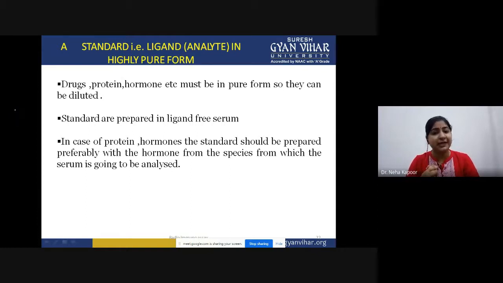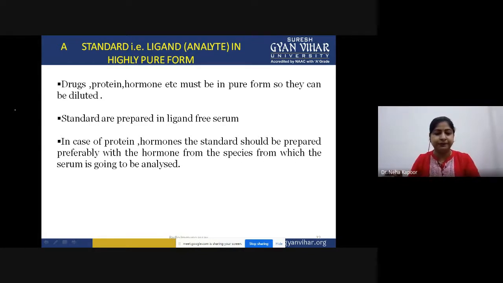Next, you need a standard, that is a ligand or analyte that is present in pure form. If you want to detect a particular kind of drug in the blood, that drug, protein or hormone must be present in pure form, so that we can dilute it and prepare a standard curve to calculate the concentration of that drug in the blood.